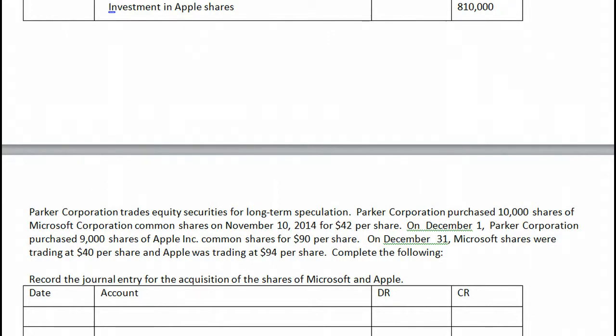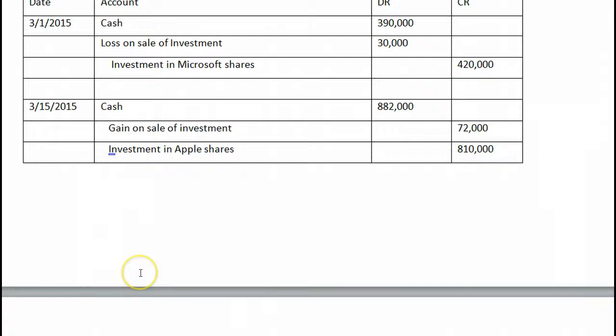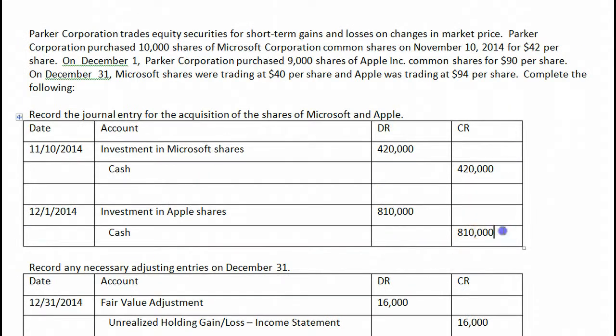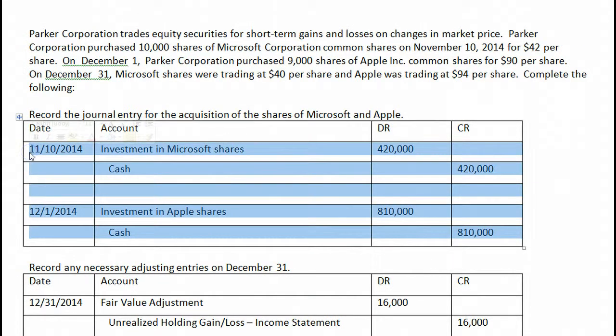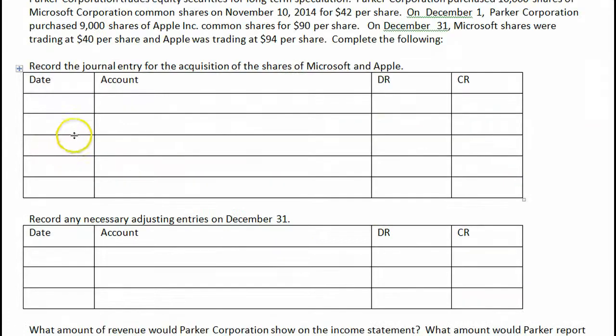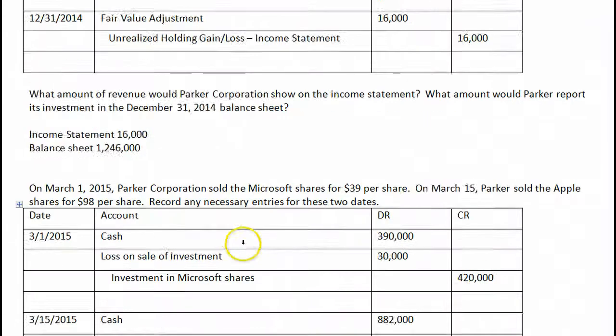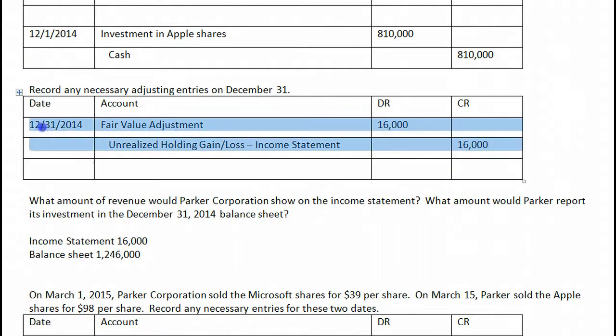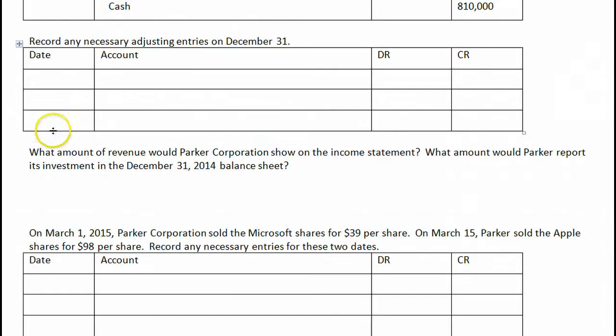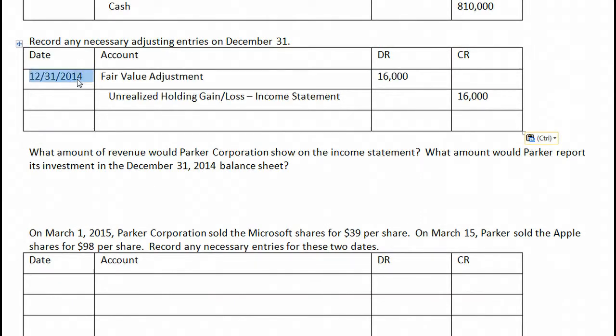Every entry would be the exact same. The only difference will be the December 31st adjusting entry.